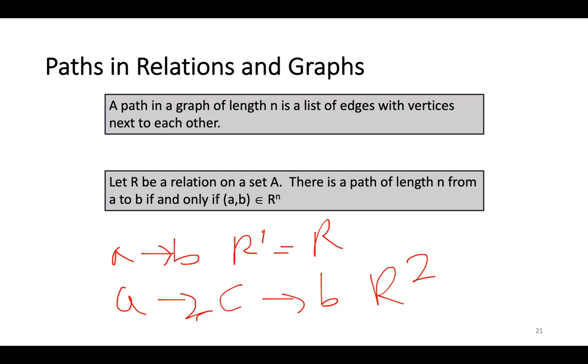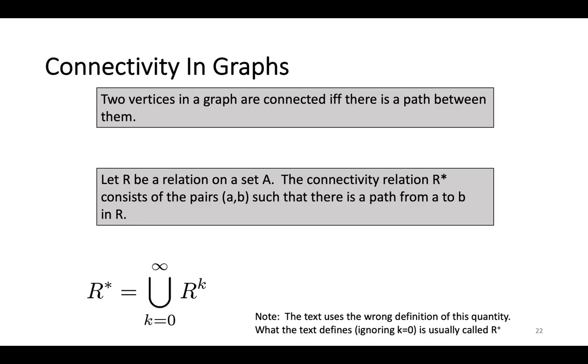So how can we say this kind of connection? How can we say the vertices are connected? If there are two vertices in the graph, they are connected if and only if there is a path between them, like the previous example.